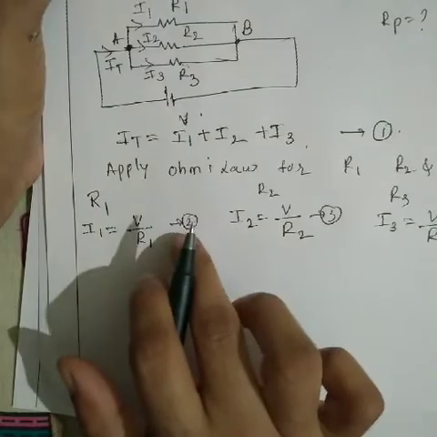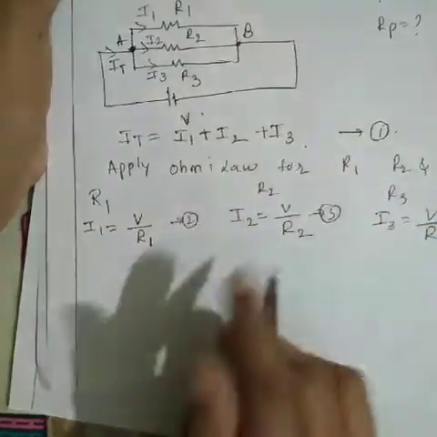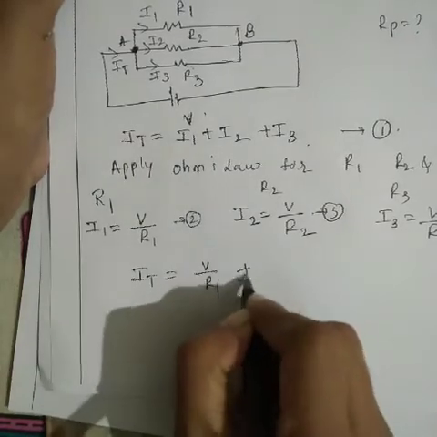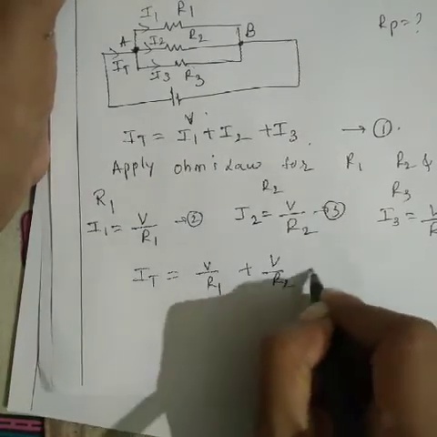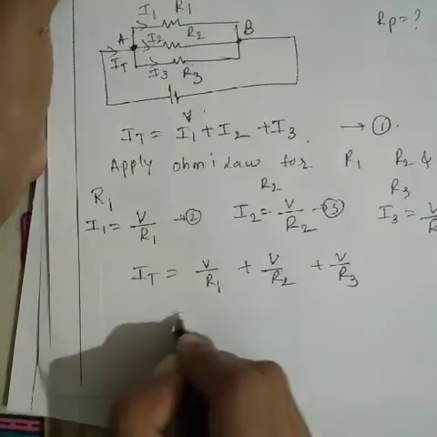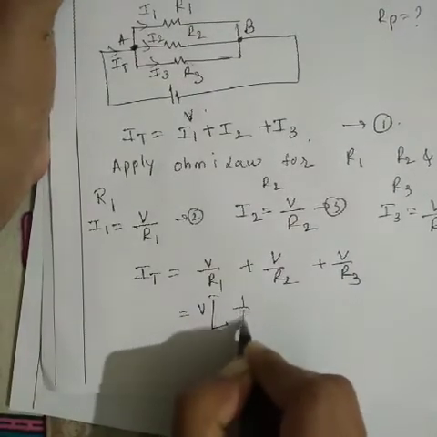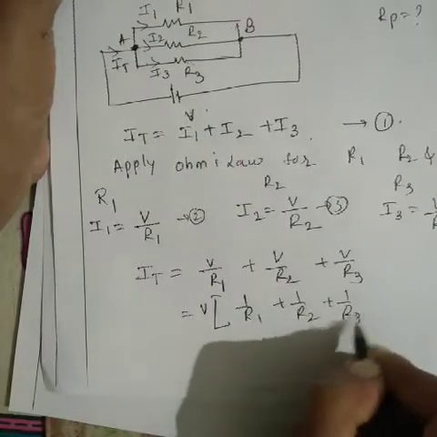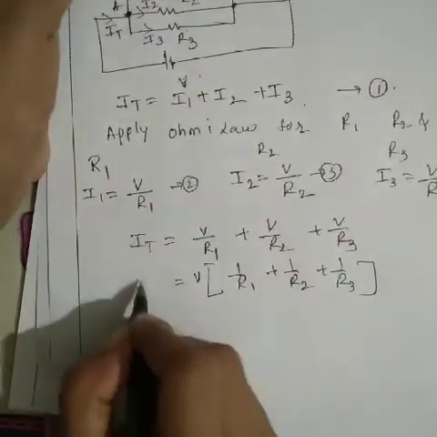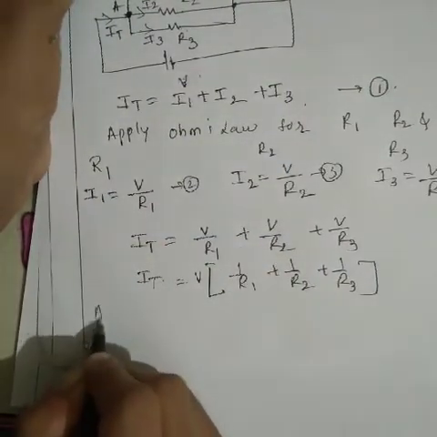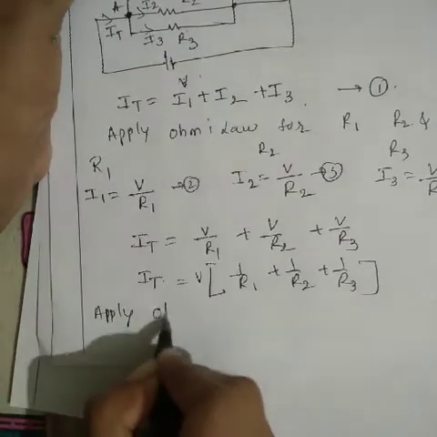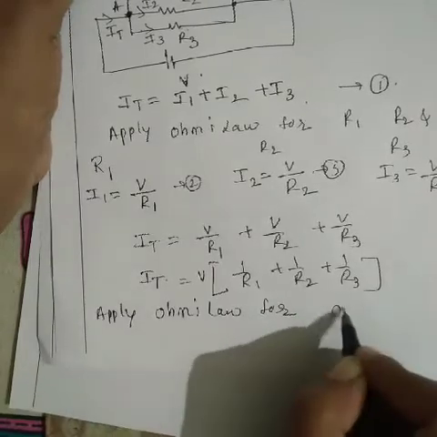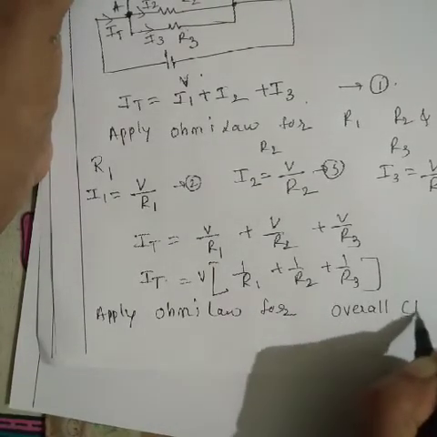Now you can put equations 2, 3, 4 in the first equation. IT is V by R1, V by R2, V by R3. V is the common, you can take it outside. IT is V into 1 by R1 plus 1 by R2 plus 1 by R3. Apply Ohm's law for the overall circuit.